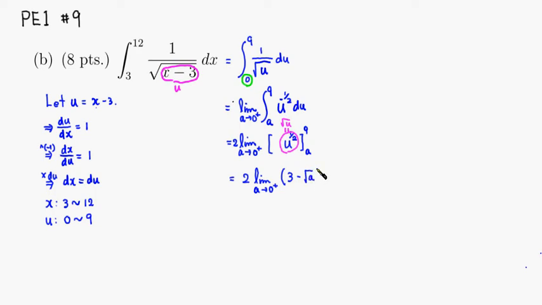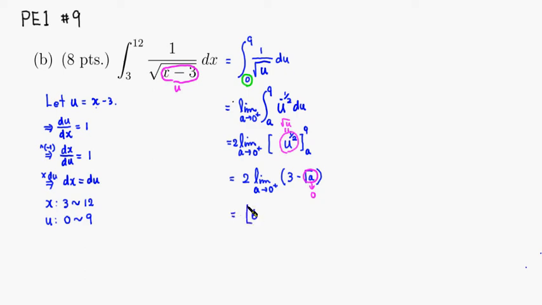Then as a approaches 0 from the right-hand side, the square root of a is going to approach 0. So therefore, the limit of 3 minus the square root of a is going to approach 3. So we have 2 times 3, which would be 6.